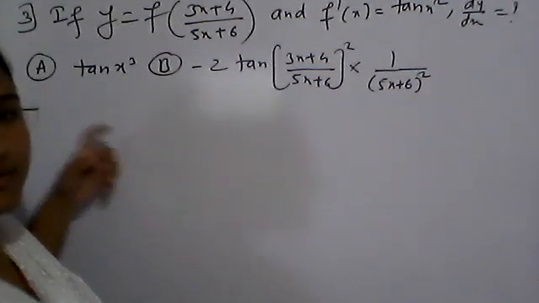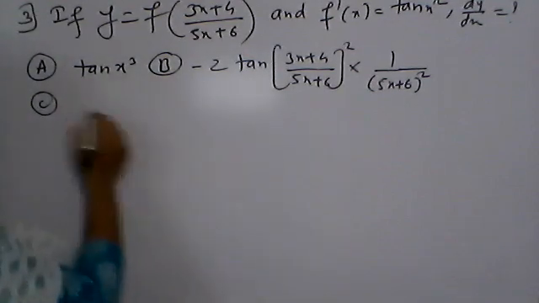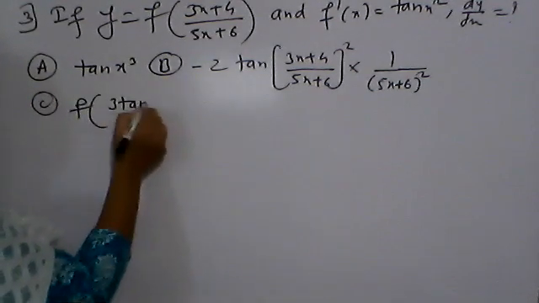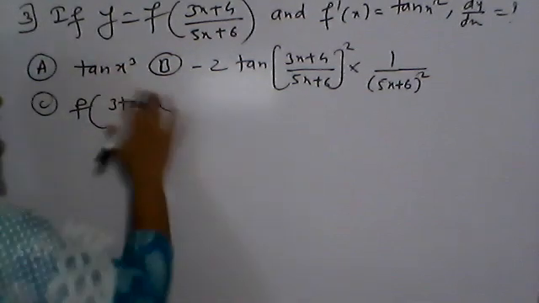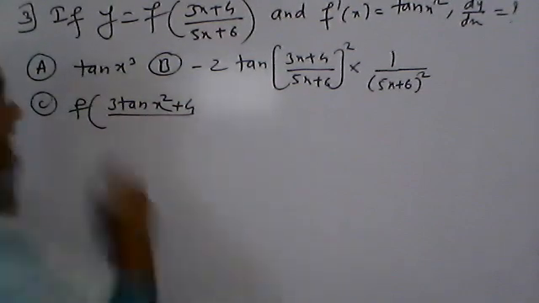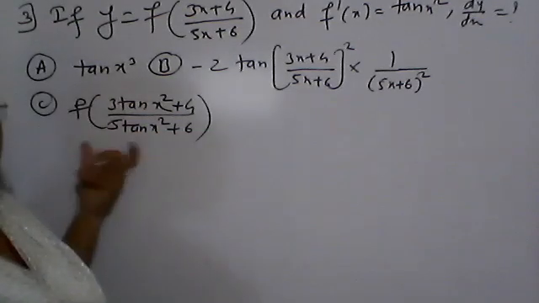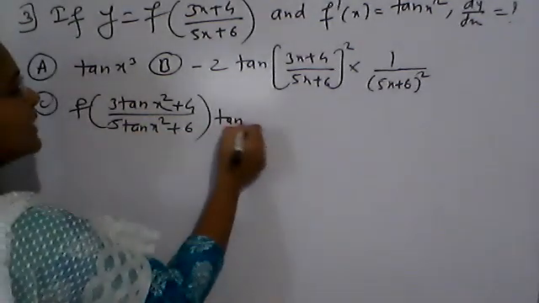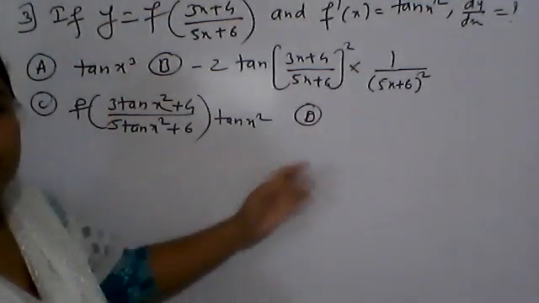Is it visible? Third option, f of (3 tan x square plus 4) divided by (5 tan x square plus 6), into tan of x square. And D option is none of these.